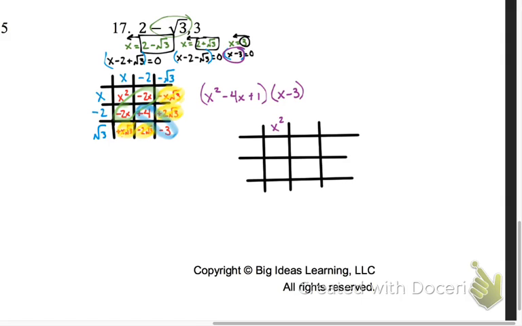And if you go x squared minus 4x plus 1 and you go x minus 3 and we multiply everything, you get x to the third minus 4x squared plus 1x and go negative 3x squared plus 7x minus 3, and then you combine like terms, you do it there and you do it here, and you end up with x to the third minus 7x squared plus 8x minus 3.